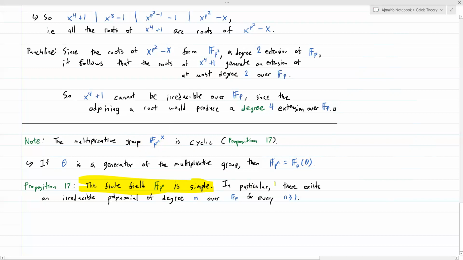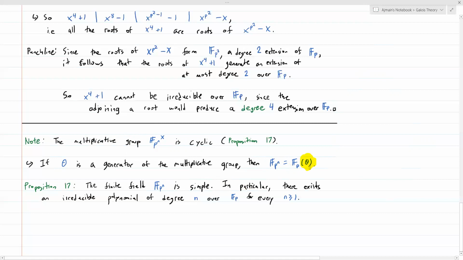And why do there exist irreducible polynomials of degree n over F_p? Because if this is a simple extension, then this is an extension of the ground field F_p by a root of an irreducible polynomial. So phi has to be the root of an irreducible polynomial.